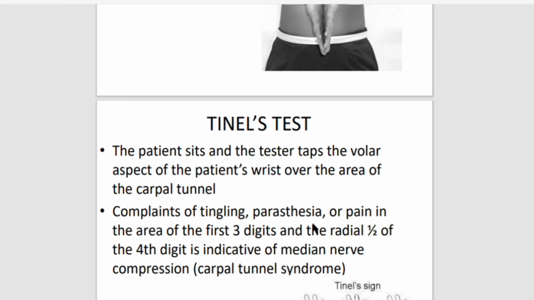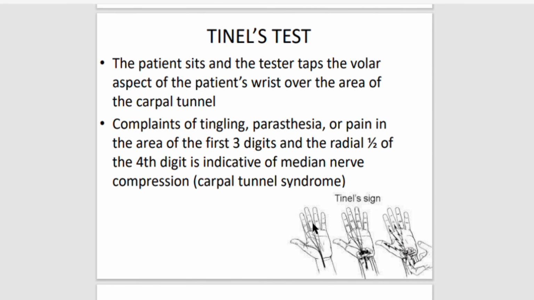Another test which we can perform is the Tinel's sign. This is also performed to confirm CTS because the patient complains of a tingling sensation, paresthesia, or pain in the area of the first three digits and the radial half of the fourth digit in case there is any median nerve compression. Because the median nerve runs in the carpal tunnel, we can have an idea whether there is some problem along its course or not.